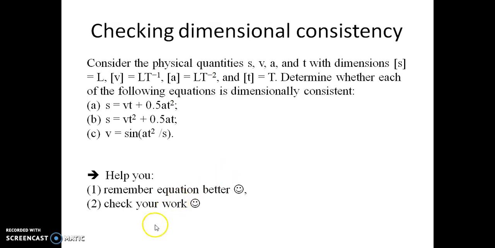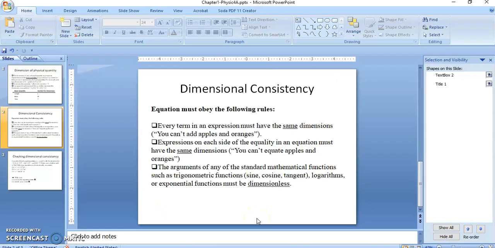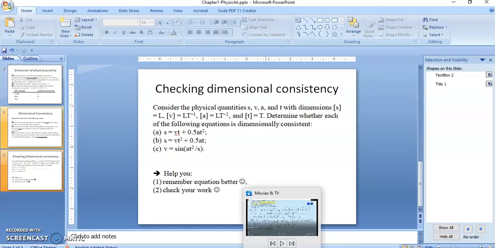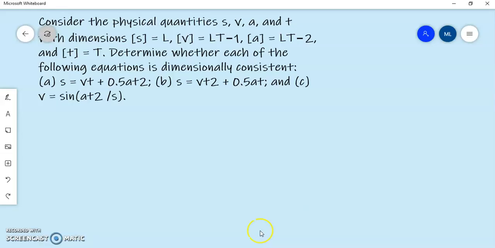So let's go to the whiteboard so we can do that problem. I already copied the problem here.